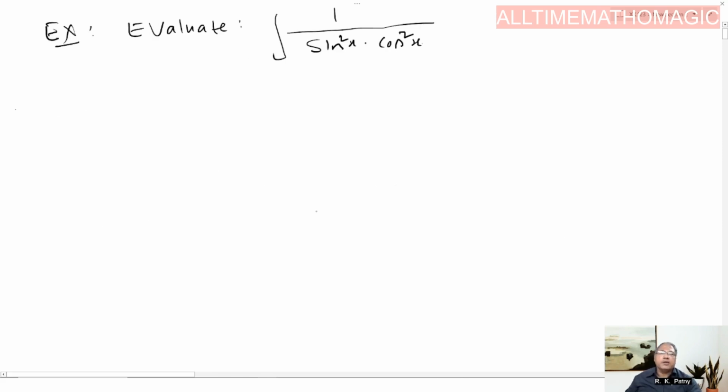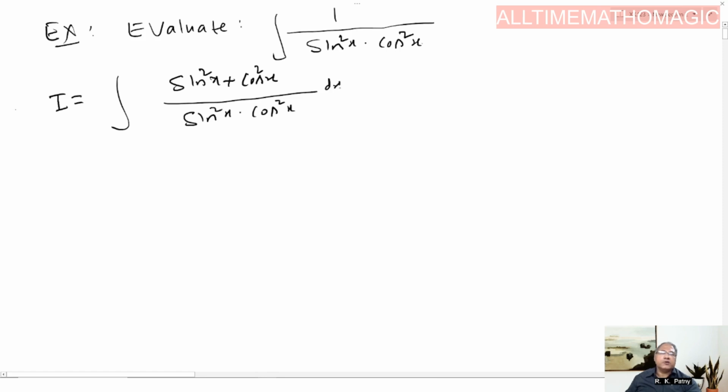Next example, evaluate integration of 1 upon sin square x dot cos square x. Solution: I equals integration of, 1 can be written as sin square x plus cos square x, upon sin square x dot cos square x with respect to x.